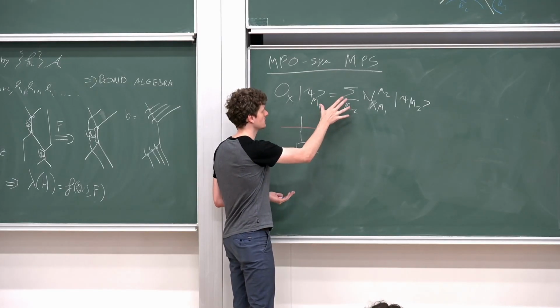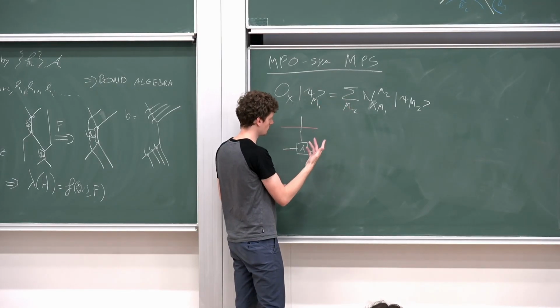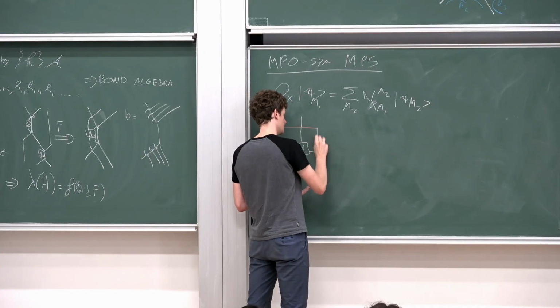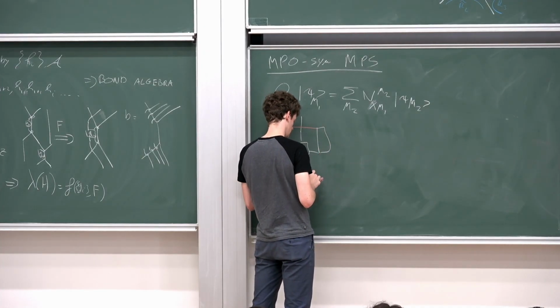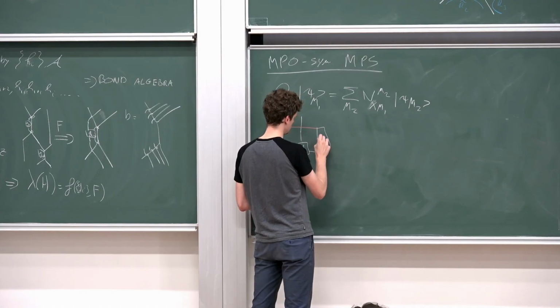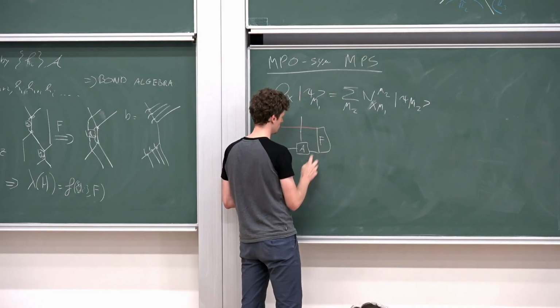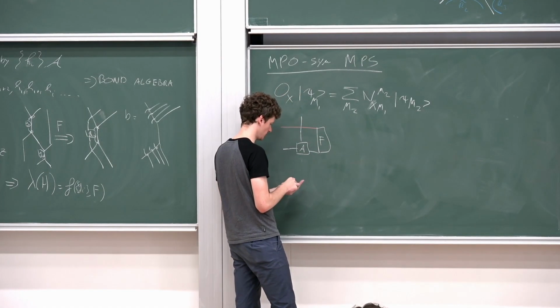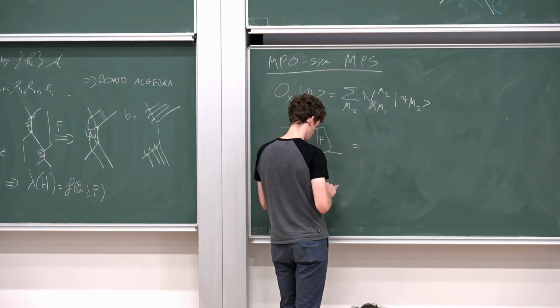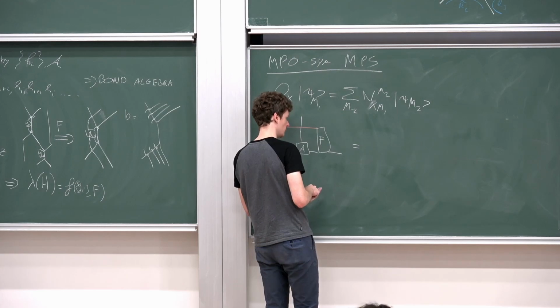The fact that it transforms in this particular way will imply the existence of a tensor like this, which let me call F, a fusion tensor, that implements this condition at the level of this local tensor.